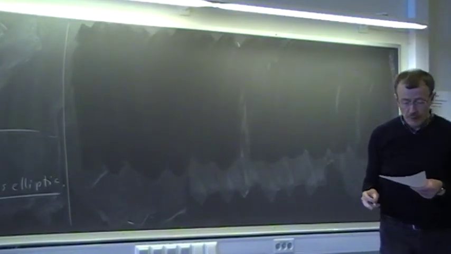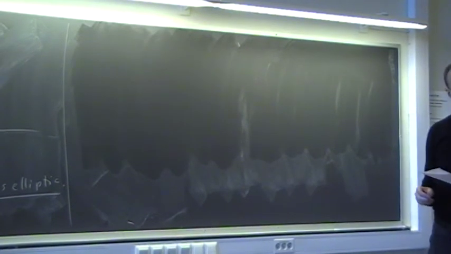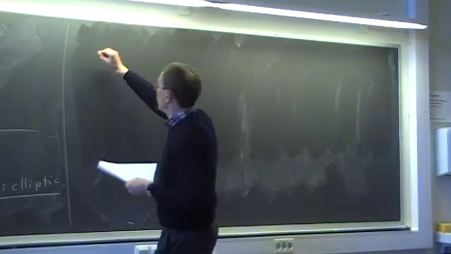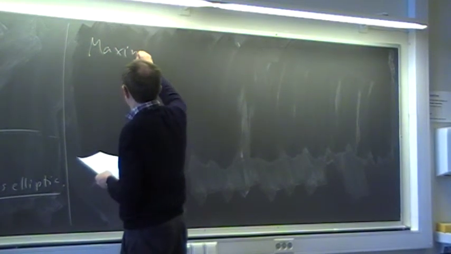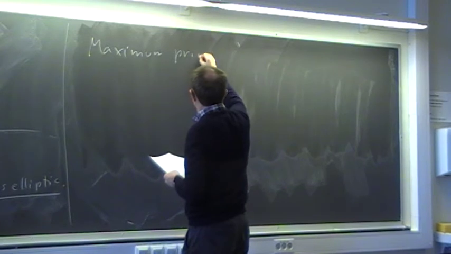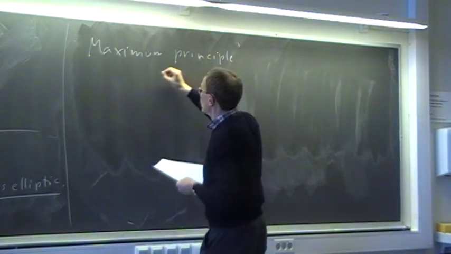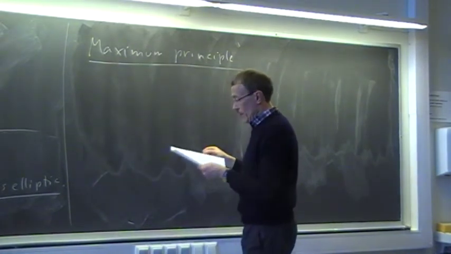For the Poisson equation, we have the so-called maximum principle. That says the following.